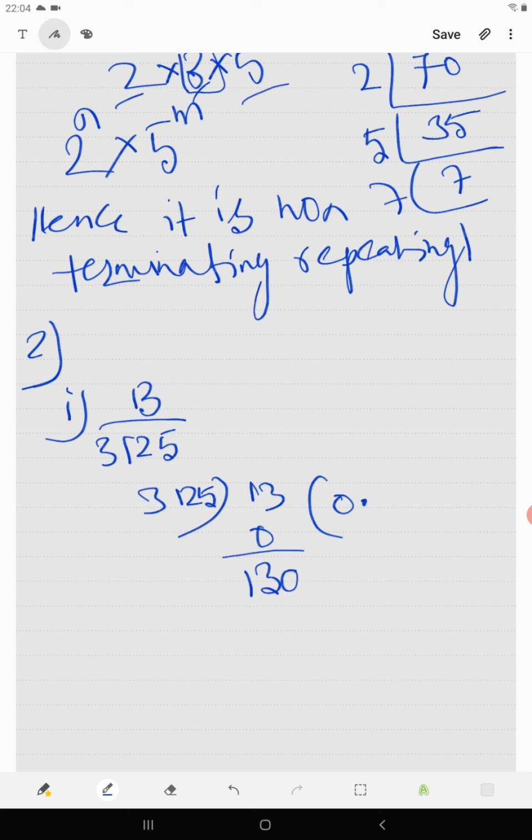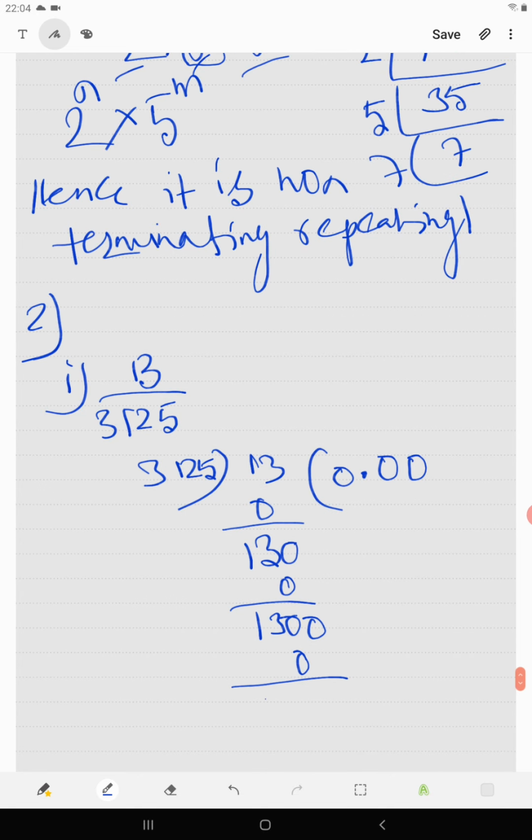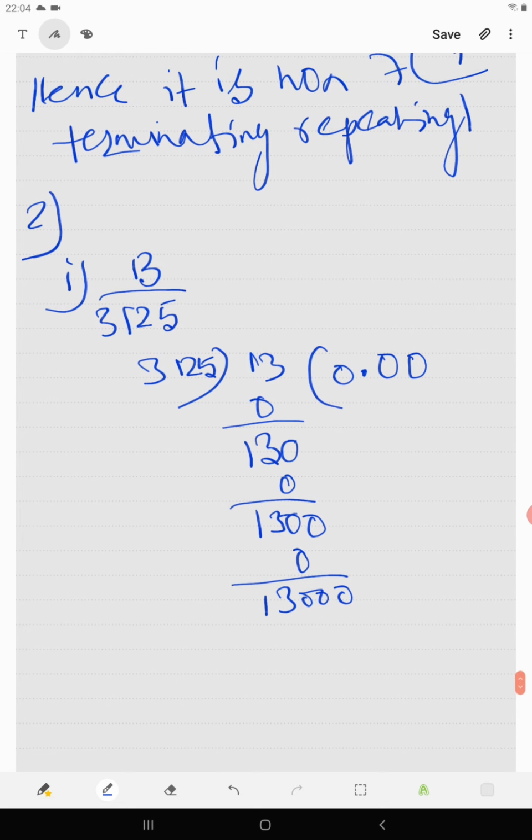Again this is less than 3125, so it will again go by 0, it will give me 130 only, and 0 will come. Again 1300 is less than 3125, so it will go by 0 again, it gave me 1300 and 0 will come next.